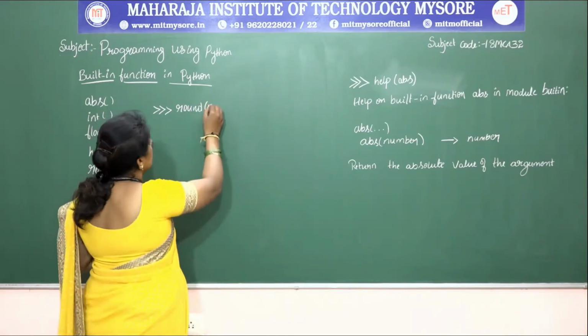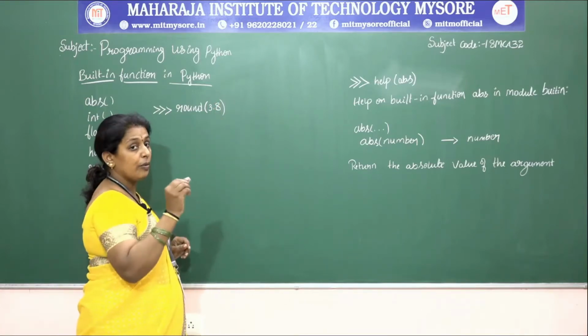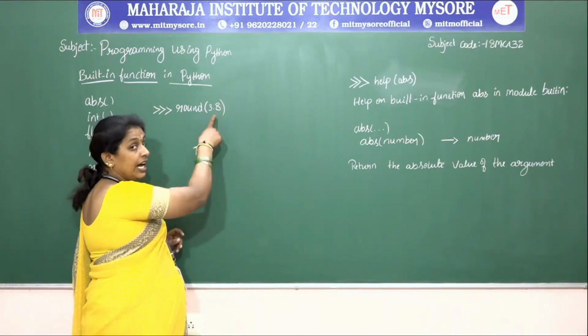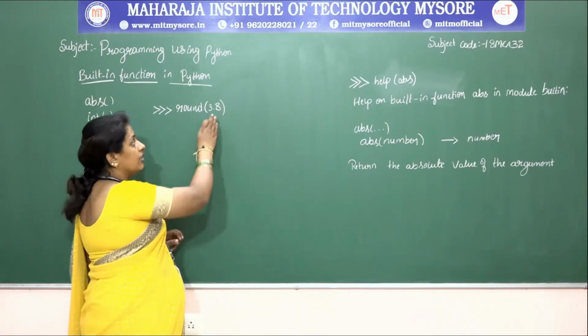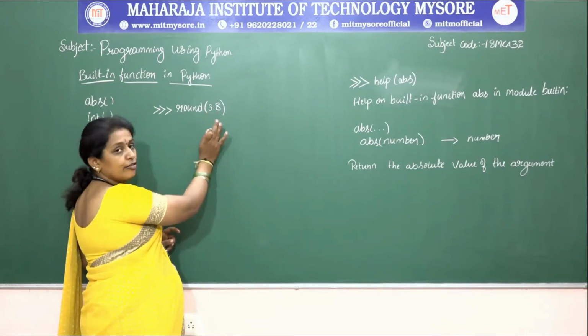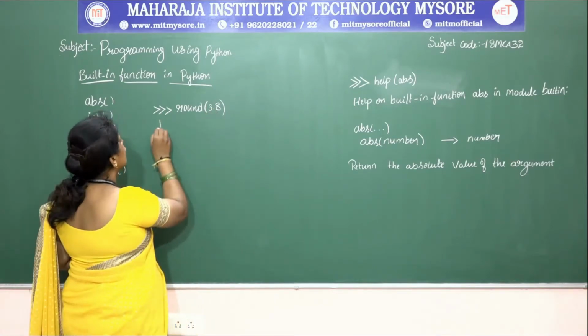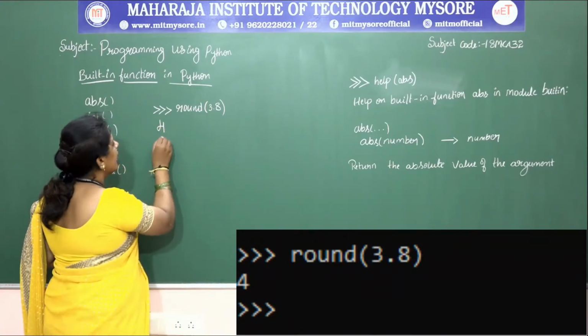Round 3.8. I am passing the argument as 3.8 and it rounds to the nearest integer value. The nearest integer value for 3.8 is 4. Then one more example.